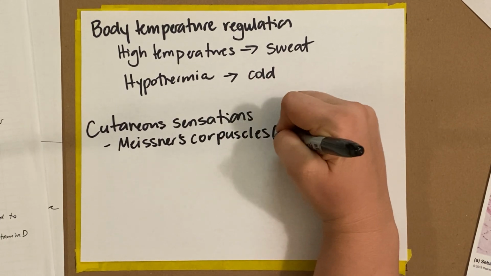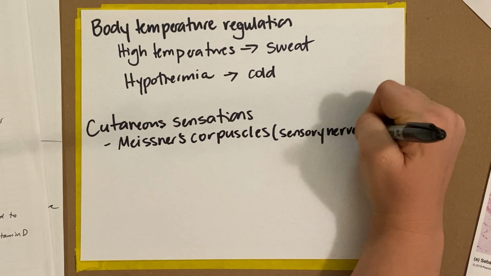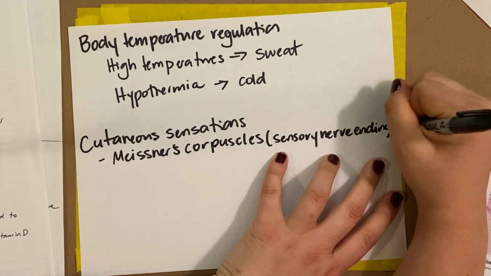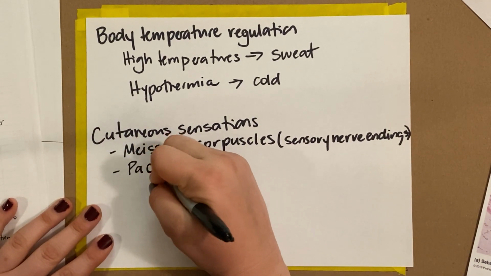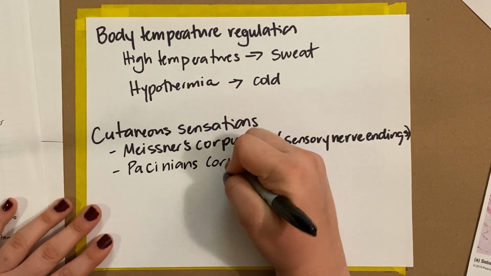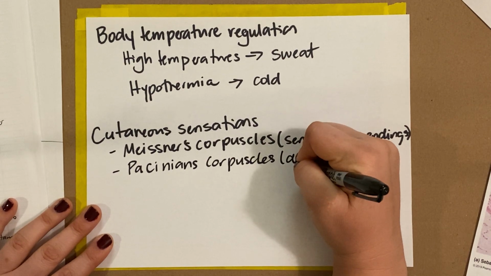Okay, so these are sensory nerve endings. Okay, we have Pacinian corpuscles. These are going to sense deep pressure.